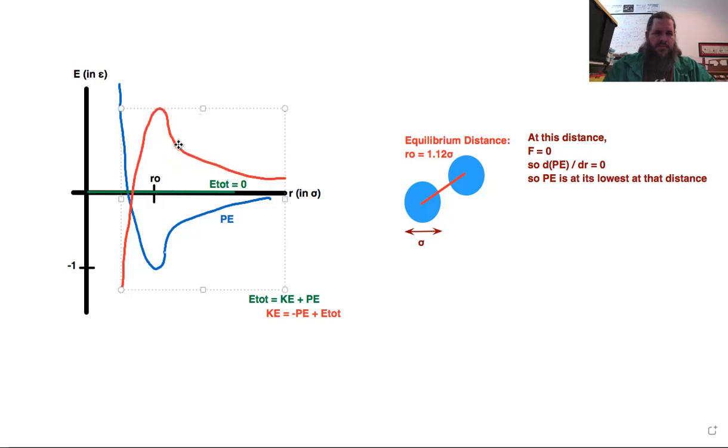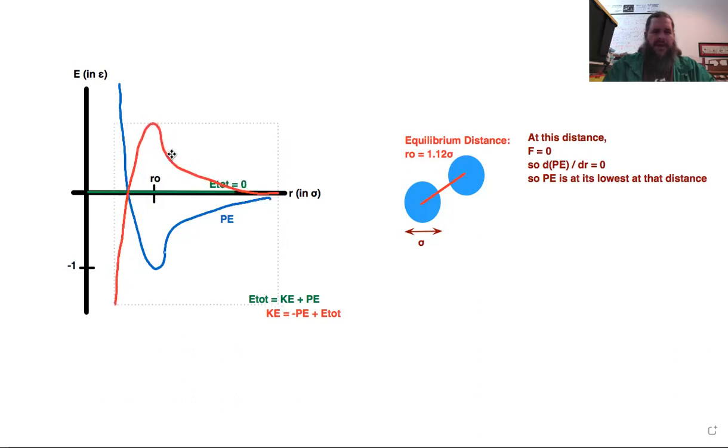Something like that, I guess. But then we don't need to shift it at all. We just reflect it and don't shift it because we're adding 0. E total is 0, so there's no shift. It's just a reflection. And of course, then we need to cut off everything below the axis. So get rid of everything below the axis here. And this is our new kinetic energy graph.